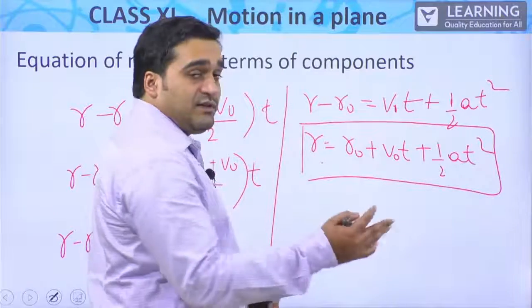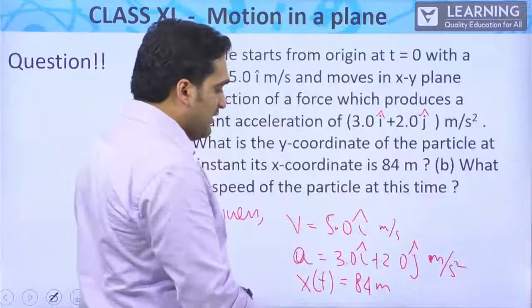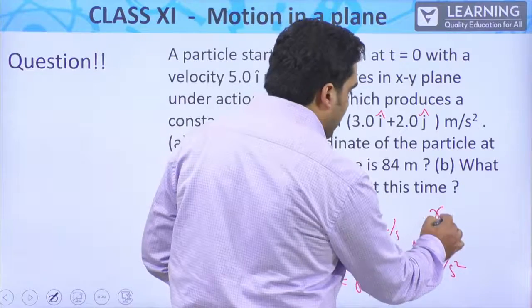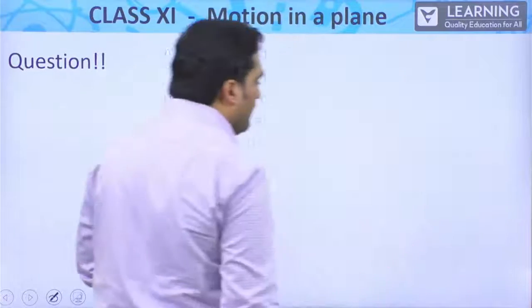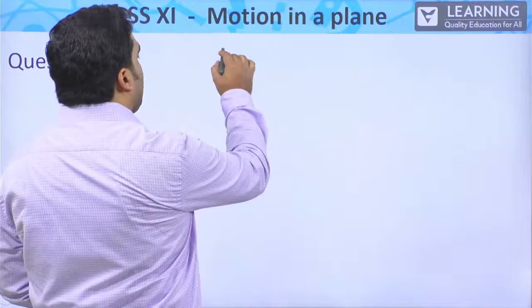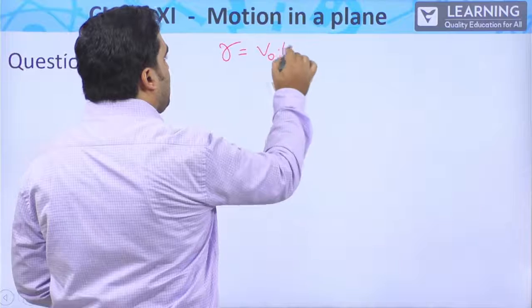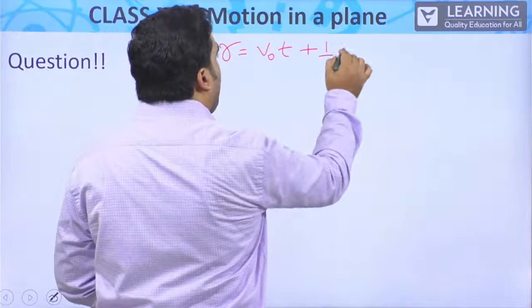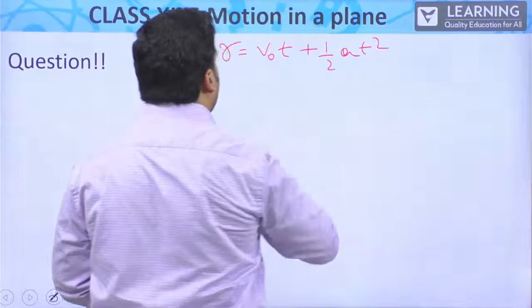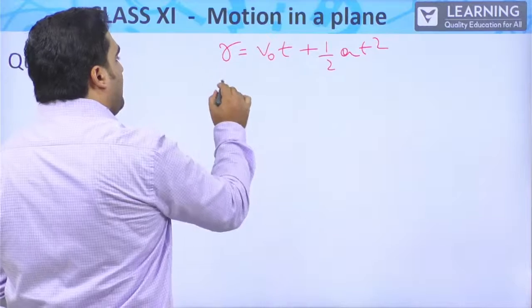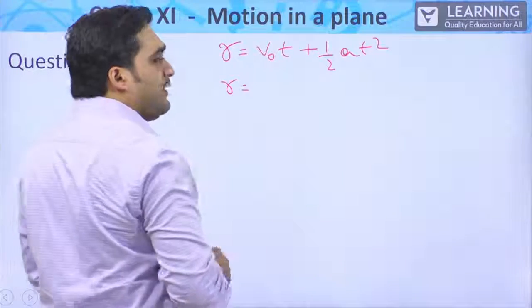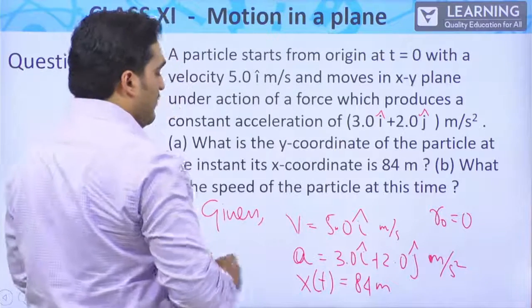R naught is anyways 0 for our understanding in this problem. So you can proceed by writing r equals v naught t plus half a t square. R is what we need to identify. V naught is given.